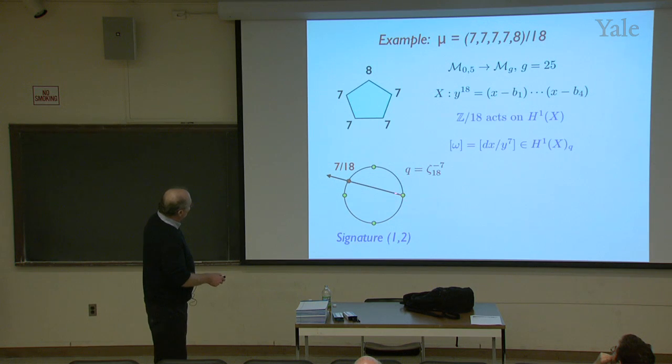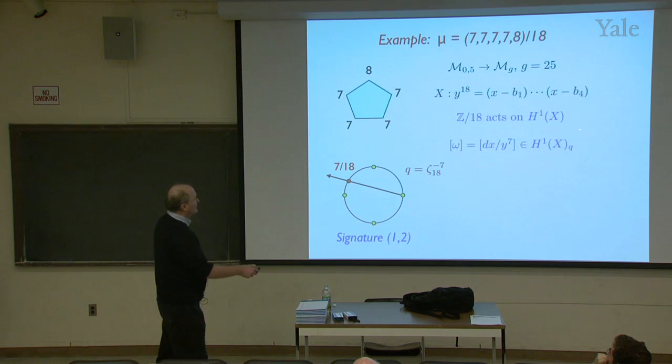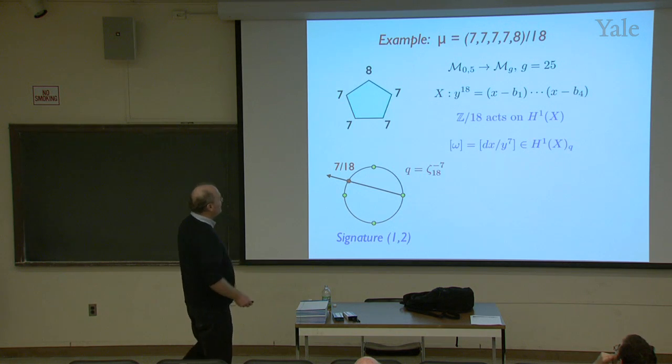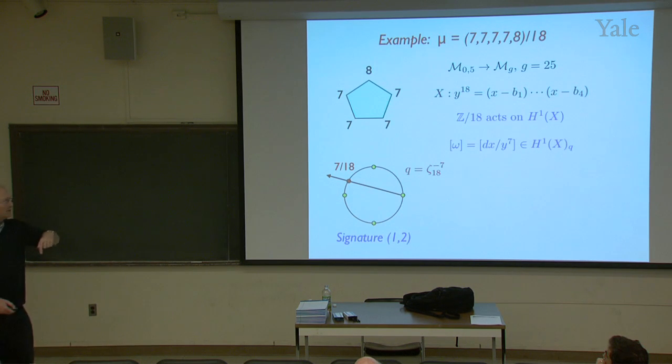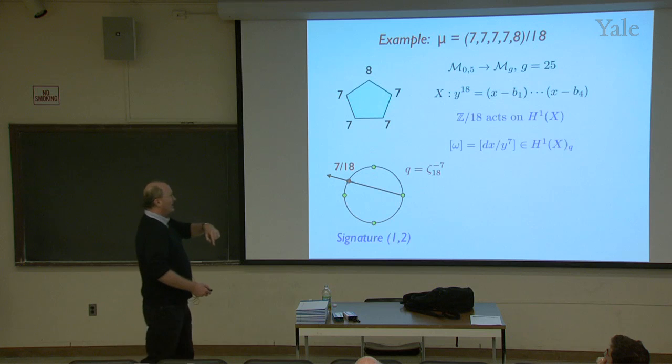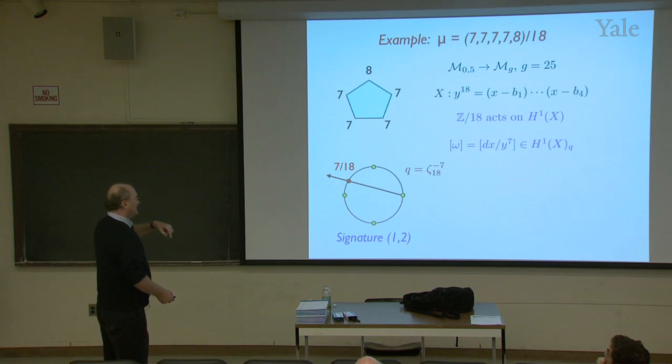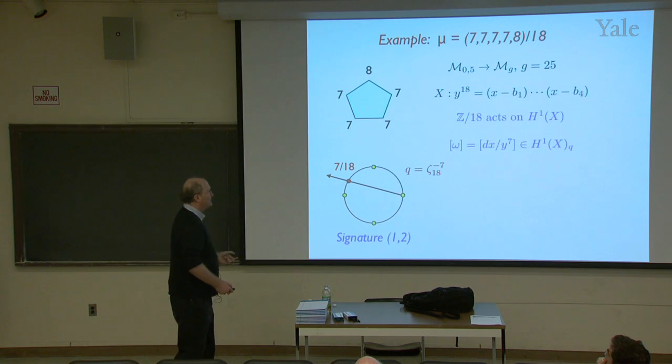And then you draw the line from 0 through 7/18. And the signature is the number of points above the line, comma, the number of points below the line. So the signature turns out to be (1, 2). So in other words, this is isomorphic to a 3-dimensional complex space with a natural Hermitian form on it of signature (1, 2). That should already be starting to make you think of SU(1,2).